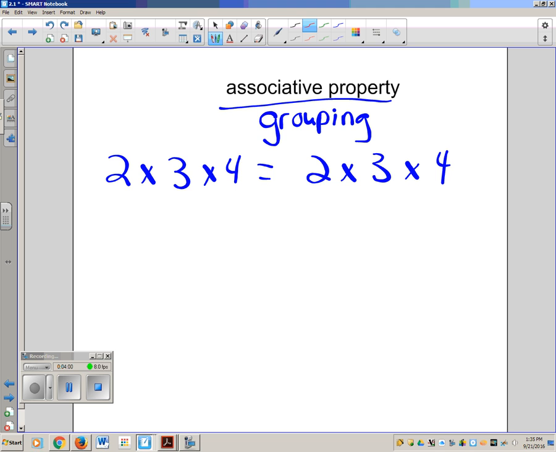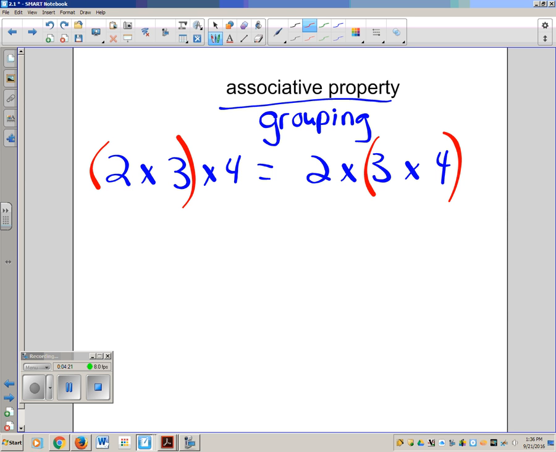On the left-hand side, put parentheses around the 2 times 3. On the right-hand side, we're going to change the group. Instead of 2 and 3 being a group, we're going to group 3 and 4. This is the associative property. You can change the groups.